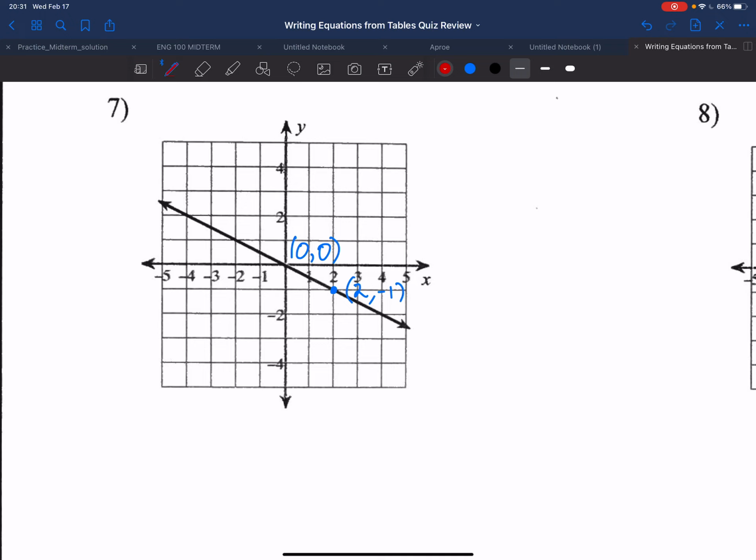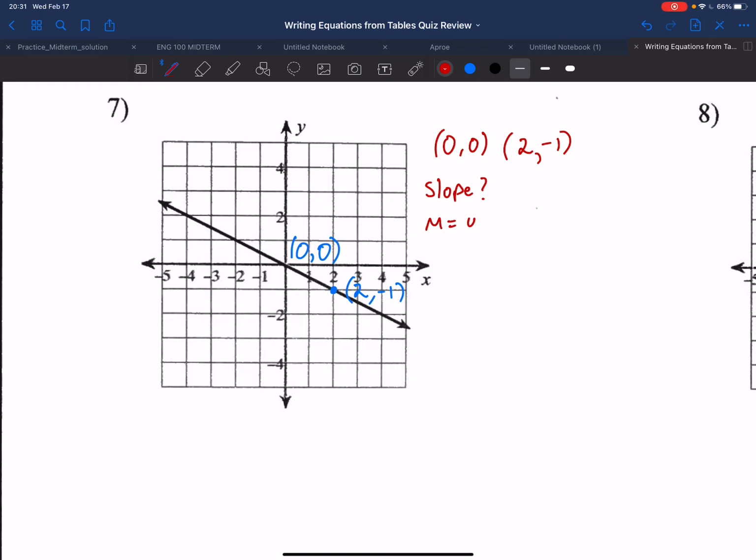So now I have my 2 points, 0, 0, and 2, -1. What can we do with this? Well, first, I know that I need a slope. What is a slope?